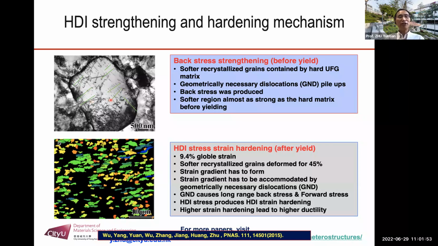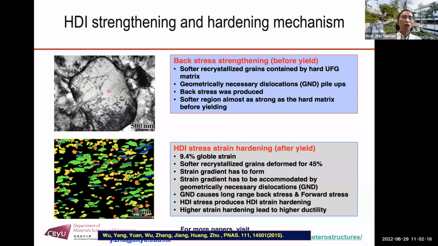And during the tensile testing, when you apply a stress above 400 megapascal, this dislocation source will start and emit all these GNDs. You see the GNDs, okay? The GNDs will go toward the grain boundary and get stopped here.